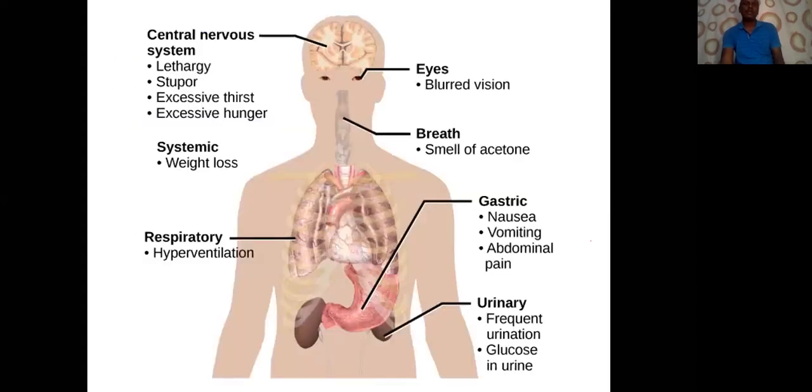In the central nervous system, you will observe excessive thirst, excessive hunger, lethargy, stupor, and blurred vision, and the smell of acetone, because fatty acids will be metabolized. In the gastric system, you have nausea, vomiting, abdominal pain, frequent urination, and glucose in urine, and then hyperventilation. Systemically, there will be weight loss. These are the main symptoms.